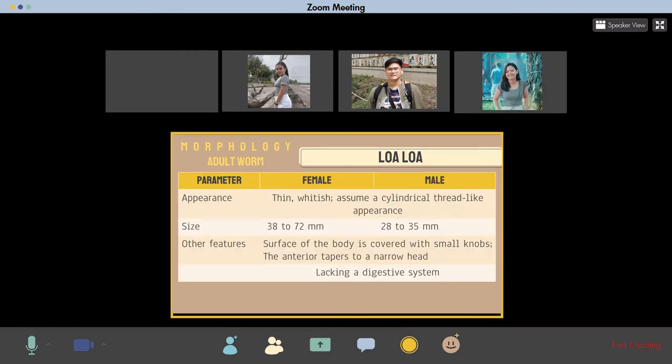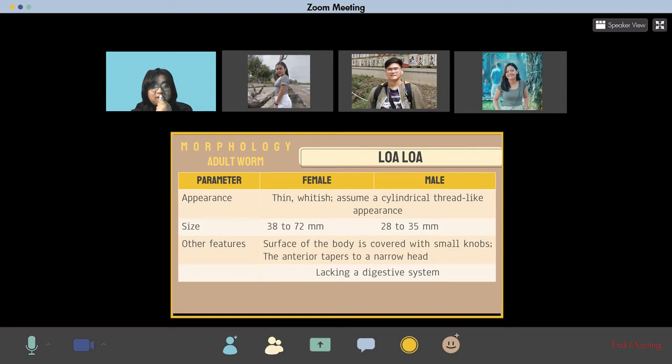Next is the morphology of the adult Loa loa worm. Like other filarial nematodes, its appearance is thin, whitish, and cylindrical, with a thread-like appearance. As for its size, the male is smaller, typically one-half the length of the female adult worm, wherein the female is usually 38 to 72 millimeters and the male is 28 to 35 millimeters.